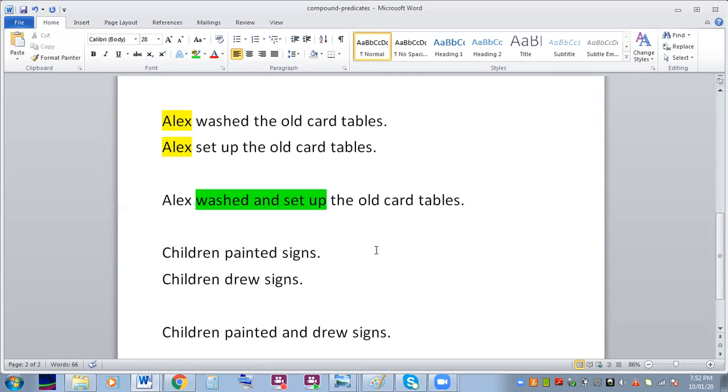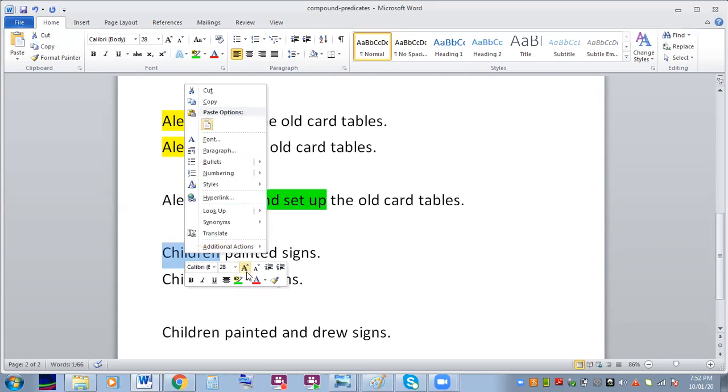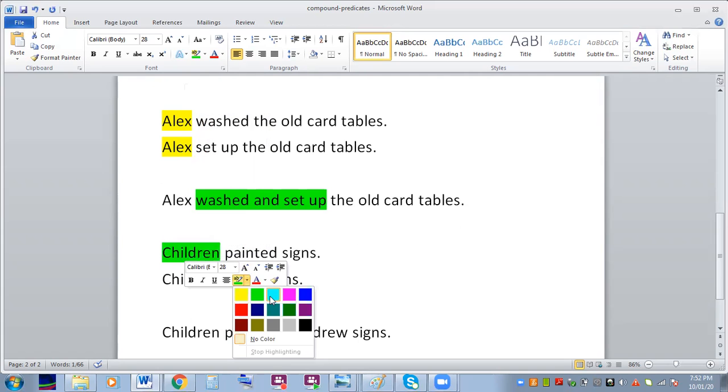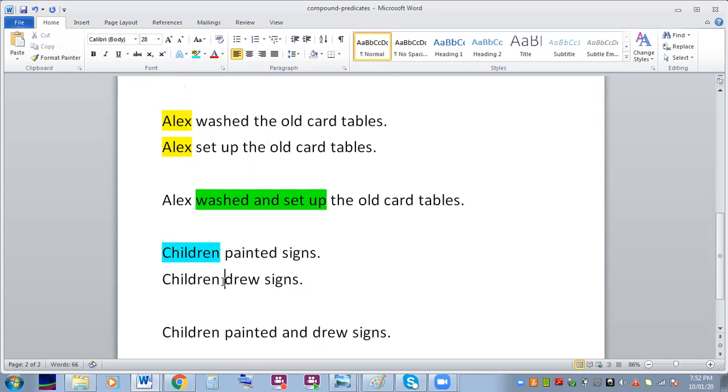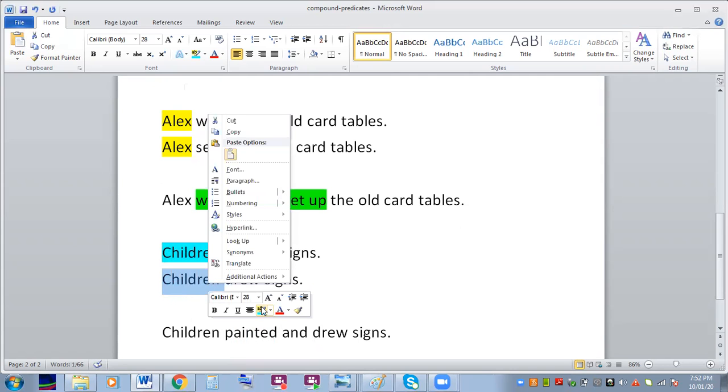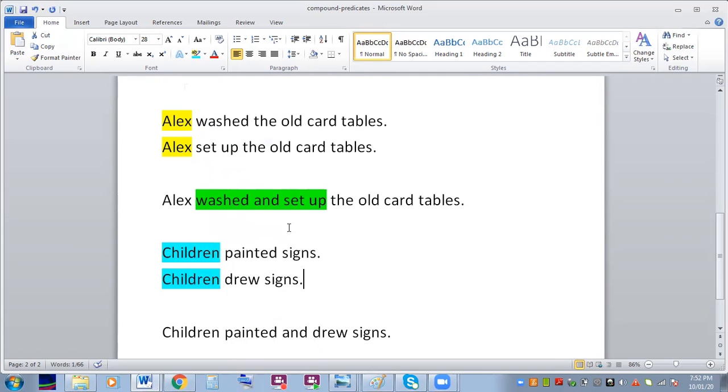Children painted signs. Children drew signs. Again, we have the same subject in our sentence. So we can combine our predicates because the same subject did the action in both. Okay, when we have the same subject, we can combine our predicates. So we have children. What did they do in the first sentence?